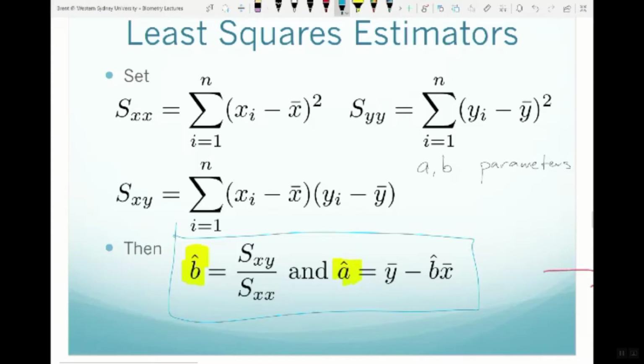SXY is a shorthand notation for an idea called covariance. It's very similar to the squared deviations for a single variable, but instead of squaring for one variable, we multiply the deviations for one variable by the other.